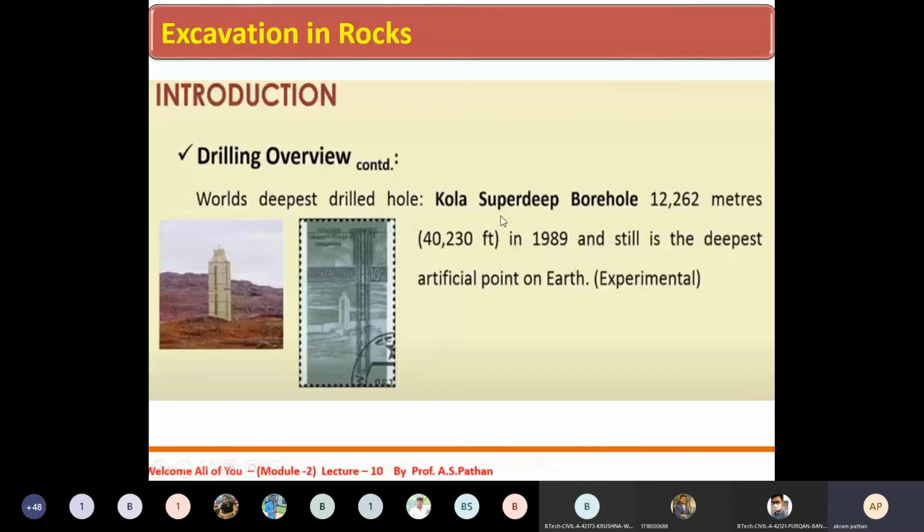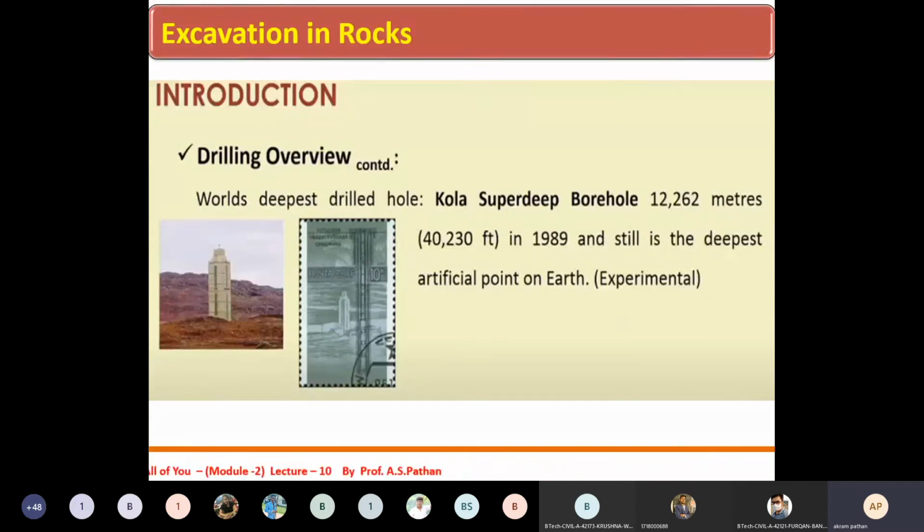This is the Kola Super Deep Borehole. This Kola Super Deep borehole is generally constructed below the ground level for experimental purposes. We require certain samples of the earth from below the ground for the purpose of taking certain tests on that particular sample.